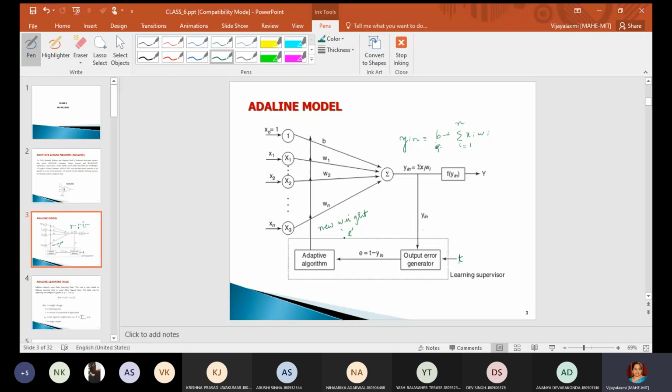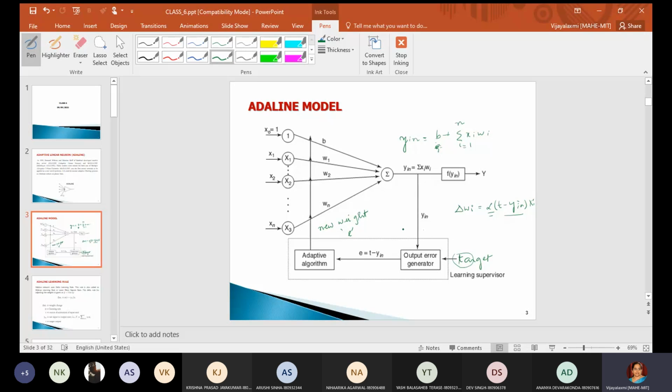So here, two important things. One is delta Wi, that is the change in the weight. It is alpha into (t minus y_in) into xi. Here alpha is the learning rate, t minus y_in is the difference between whatever is expected, that is the target, and whatever y_in is there, and xi is the input.